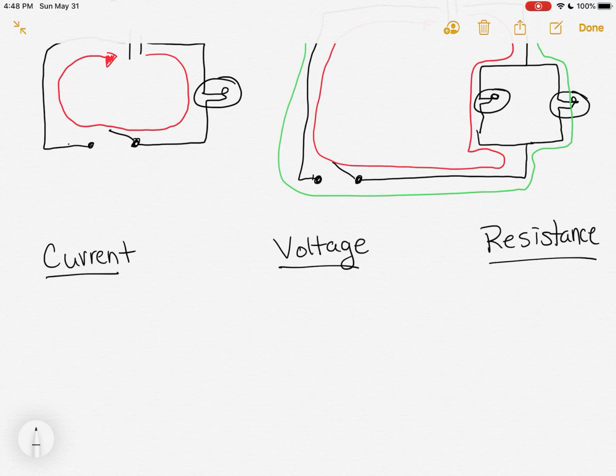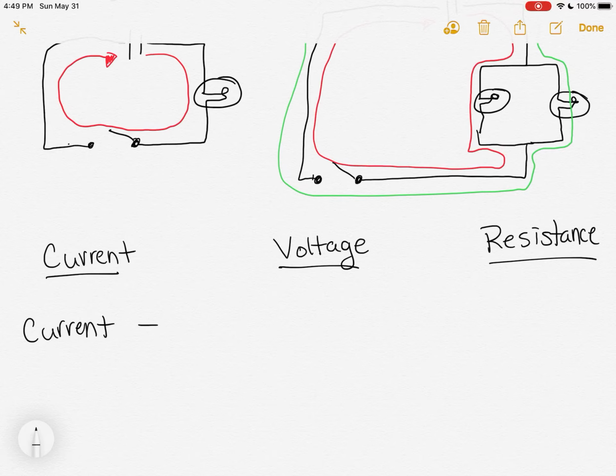Okay, but we're going to talk about current, voltage, and resistance when we're looking at these series and parallel circuits. Now, how current, voltage, and resistance happens in series circuits versus parallel circuits is slightly different. So there's some different rules that go along with both of them. So we're going to start with electric current.